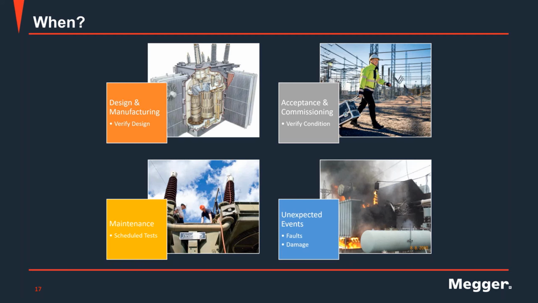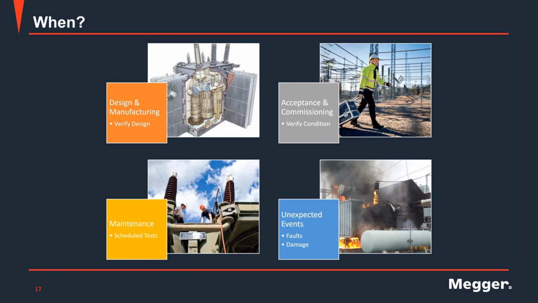Hopefully you can see big enough the first picture, the one on the orange square, design and manufacturing. When the active part, the core and coil assembly, is constructed in the factory, when the windings are assembled, typically you want to perform TTR just to make sure that there are no either missing or extra turns in your windings.